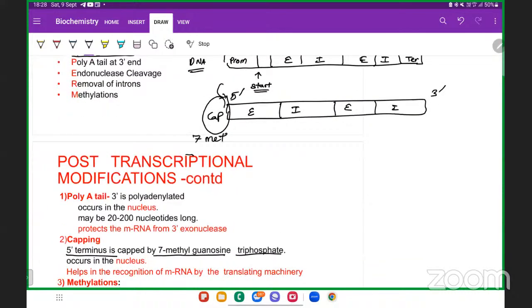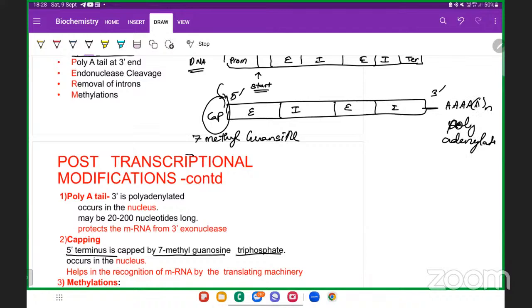Just like we covered the head, we also do something to the tail: we protect it using a poly A tail, a polyadenylated tail. What is this polyadenylated tail? Multiple adenyl residues, A to the power of n.